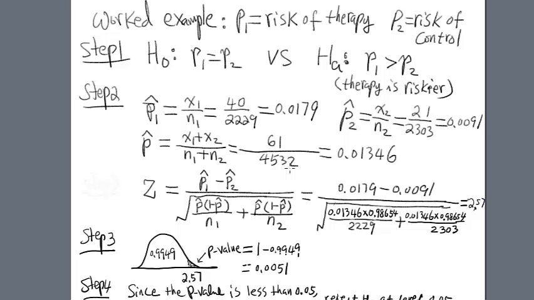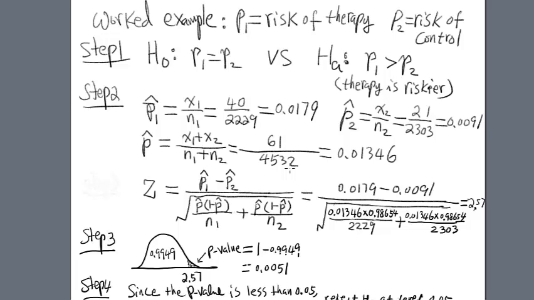And because the p-value is so small, in step 4, we compare the p-value with 0.05 and we reject H0 because the p-value is smaller at the level 0.05. So this means that HA is correct.